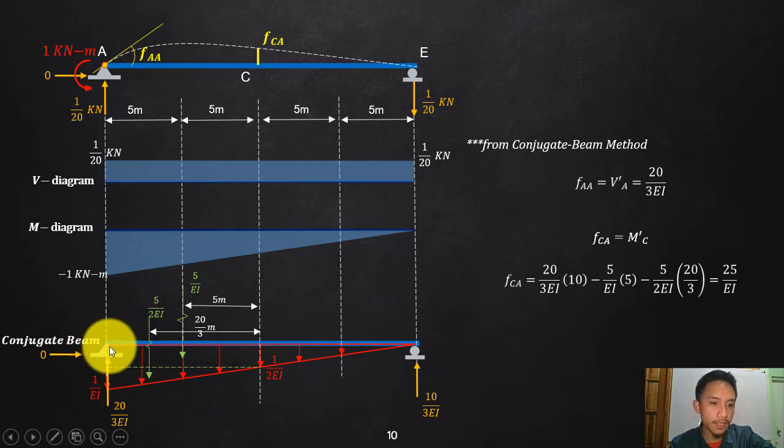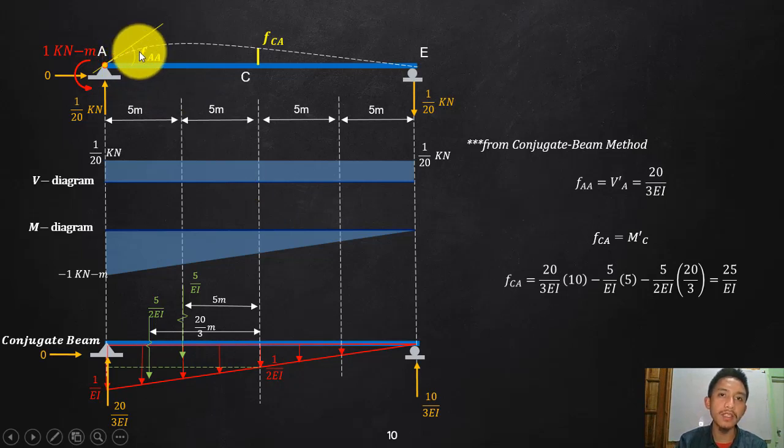All you need to do is find the shear here, and actually the shear here is the reaction itself, which is again 20 over 3 EI. That is going up, so that is a positive. So it means that is, again, FAA. What is that? That is the rotation due to 1 kilonewton meter load.